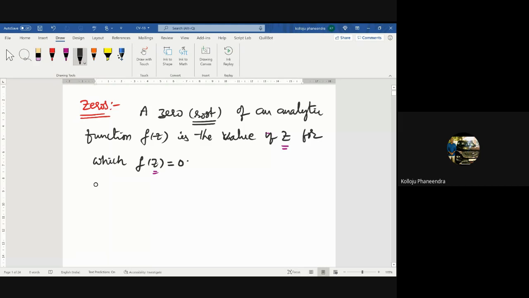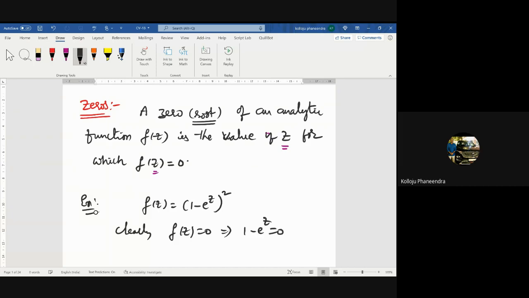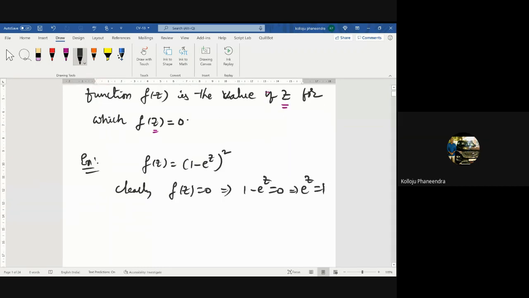Then, what is another one? For example, f of z equals (1 minus e to the power of z) whole squared. At what values is it 0? Clearly, f of z equals 0 implies 1 minus e power z equals 0, so e power z equals 1. So what are the roots?